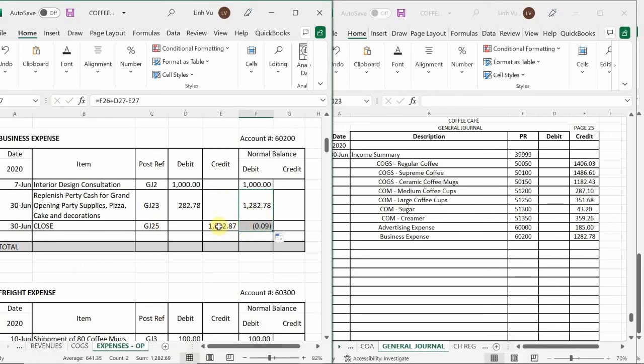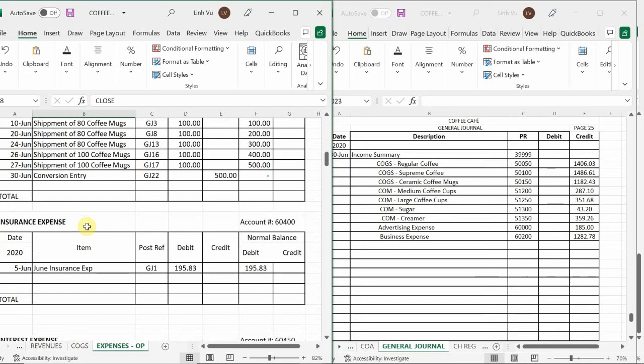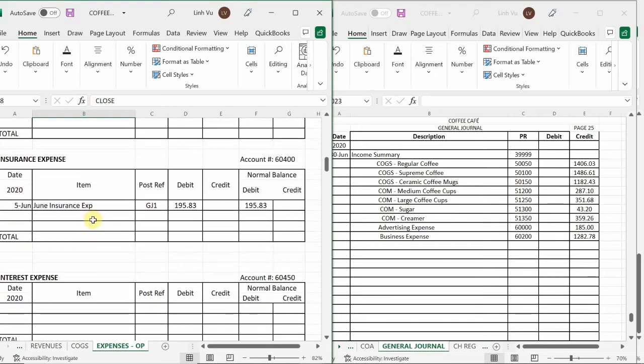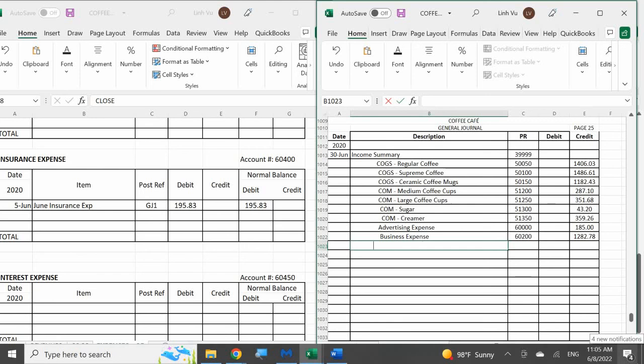Okay. 1282.78. Okay. Next I have here on the list is going to be my freight expense, which is zeroed out already due to my conversion entry. So I have next is going to be my insurance expense.